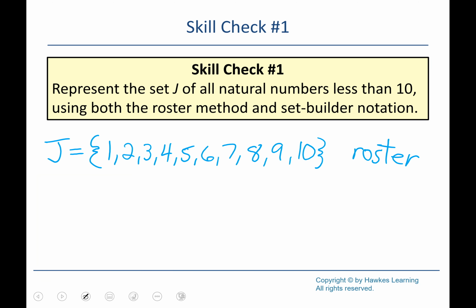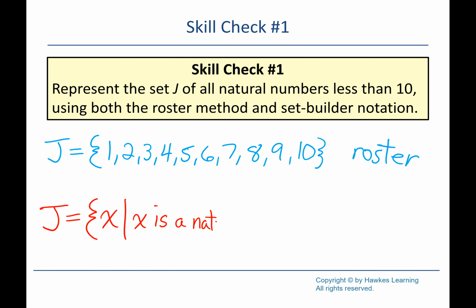And then in set builder notation, we could make the same set, still set J. Here we'll have the set of all x's such that, yep, x is a natural number. And what?